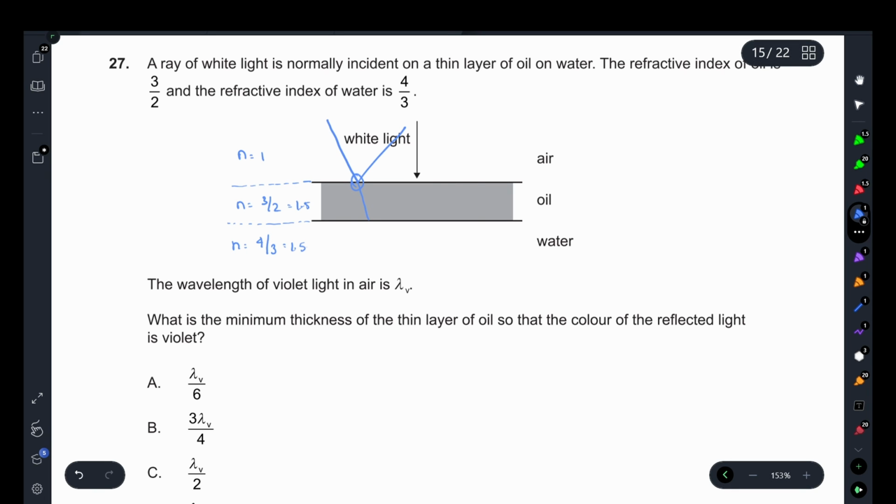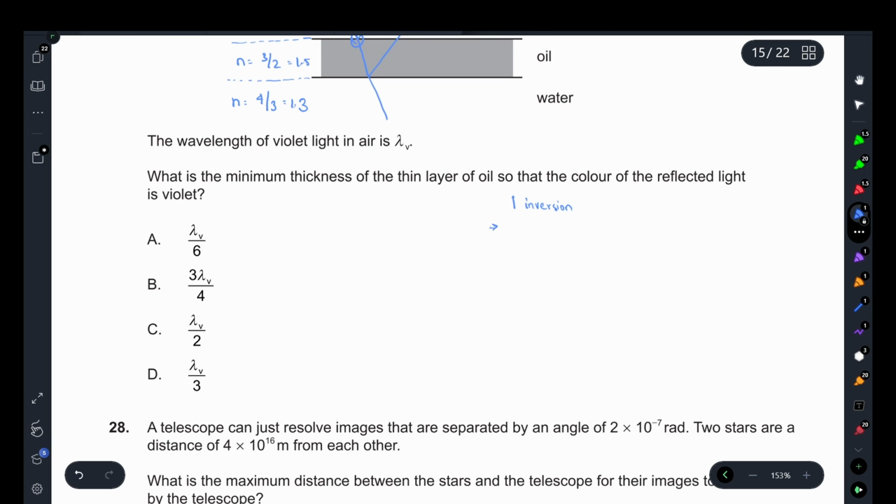And like I said, the video that I link below really explains it well. But when you go from a more dense to a less dense medium, you do not have the same inversion. So for this particular situation, you have only one inversion of light, and that is present at the air-oil boundary. So this means you use the data booklet formulas.